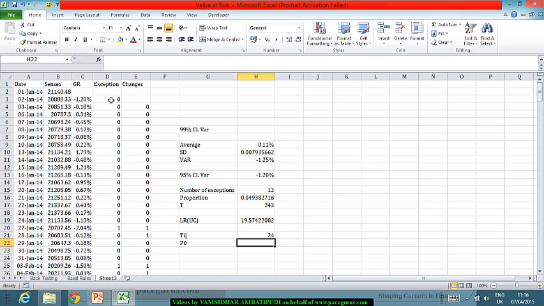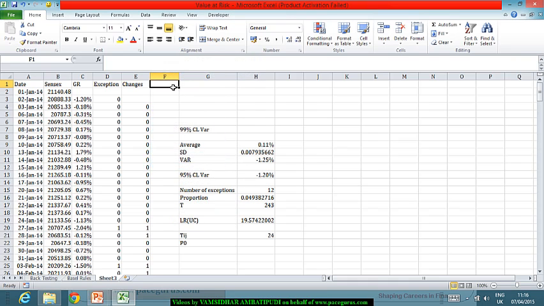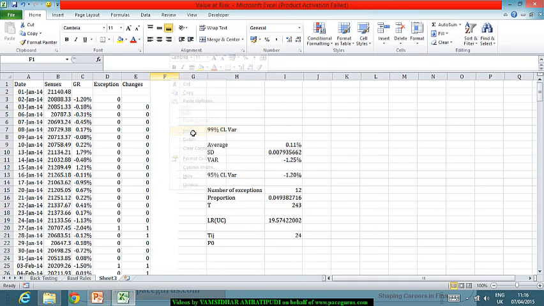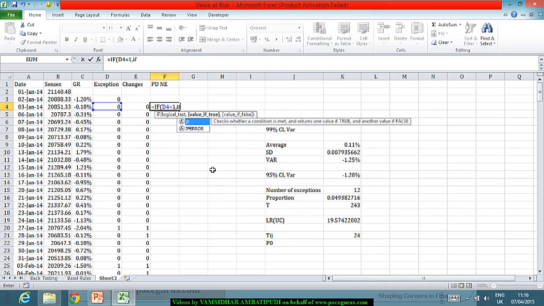Right? So this is what I want to know. Let's say previous day, no exception. I will simply look at if this is equal to 1, I'll check if the above one is equal to 0, then I'm counting it.